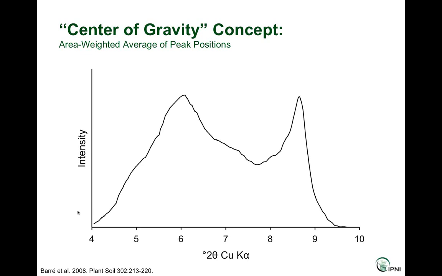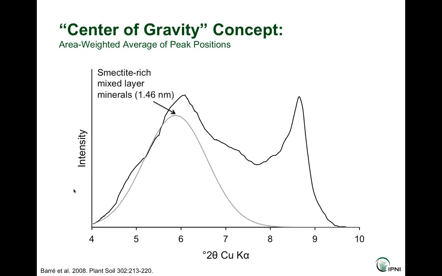Well, we have software that will take what is known about certain minerals and apply that knowledge to decompose this graph. So, for instance, this software would come in and say, okay, part of this peak here can be accounted for by a smectite-rich mixed layer mineral.